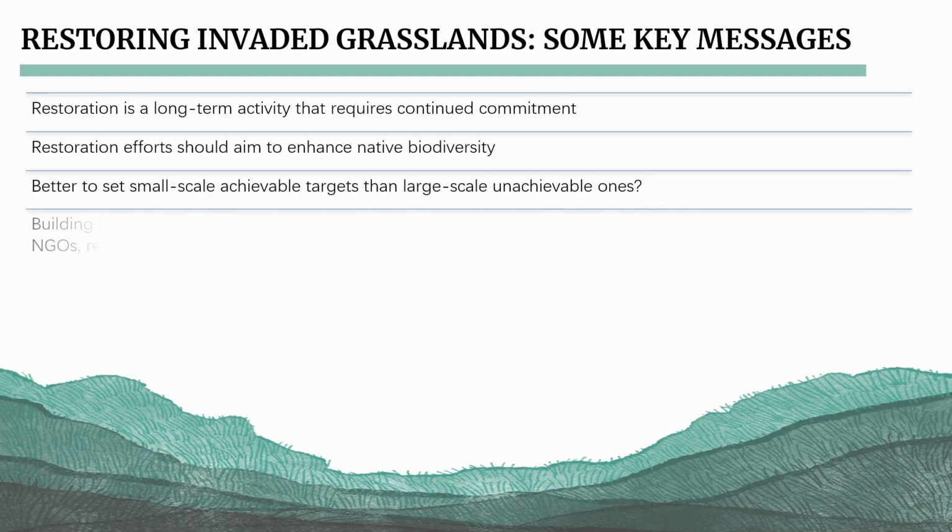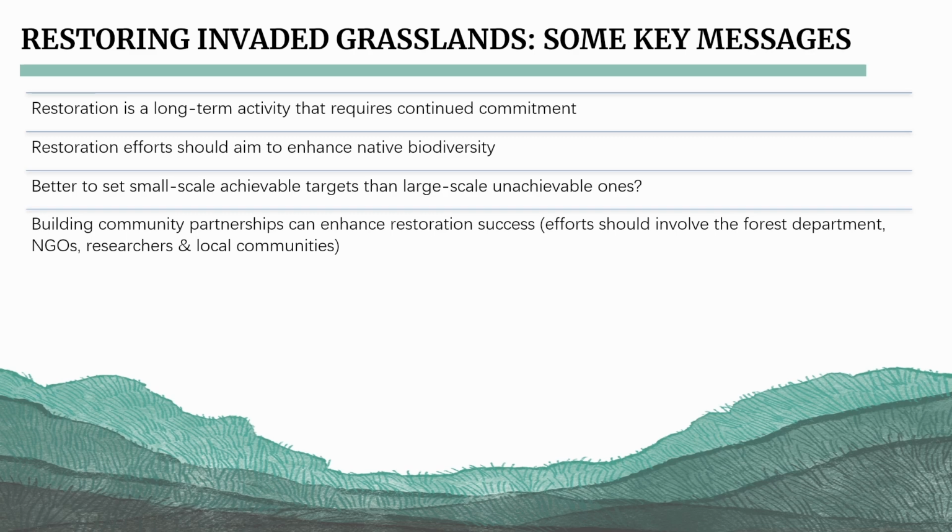And this is very key. It's been mentioned over and over again over the last couple of days, and I'm sure it'll be mentioned tomorrow too. Building community partnerships, especially with the local communities, and by local we mean the indigenous communities who are the actual locals here. We need partnership between the Forest Department, NGOs, researchers, and so on and so forth.